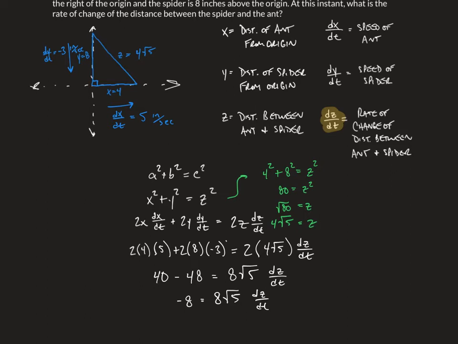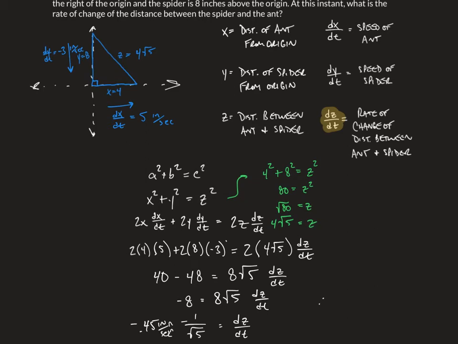And so when I divide both sides by 8 radical 5, I'm going to get -1 over radical 5 is equal to dz dt. Which, if I were to turn that into an actual numerical value, is approximately -0.45 inches per second.